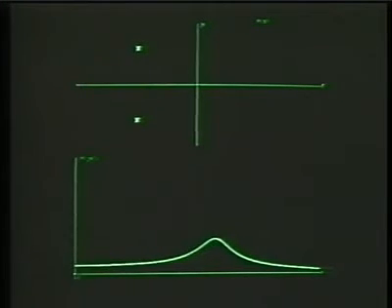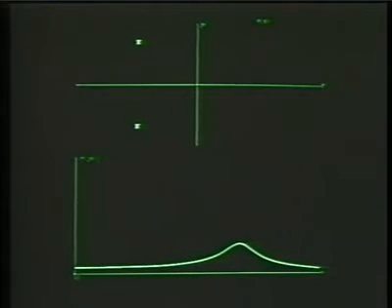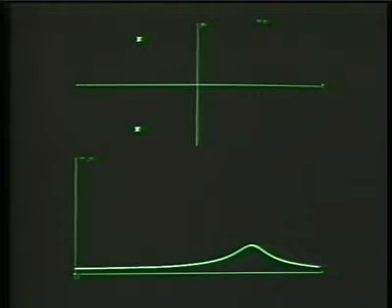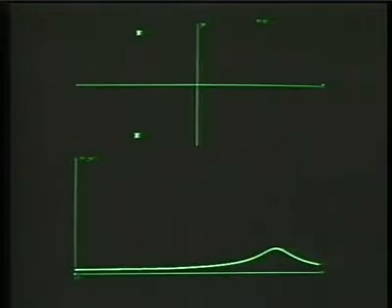Here we see the effect of moving the poles parallel to the j omega axis, and what we observe is that in fact the frequency location of the resonance shifts, basically tracking the location of the pole. If we now move the pole back down closer to the real axis, then this resonance will shift back toward its original location.